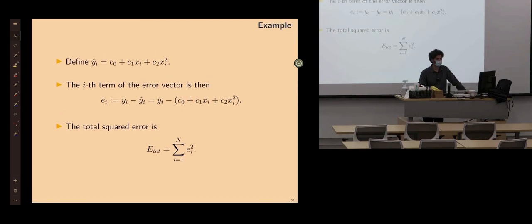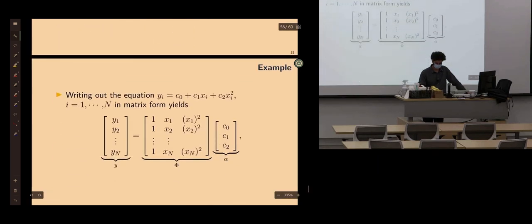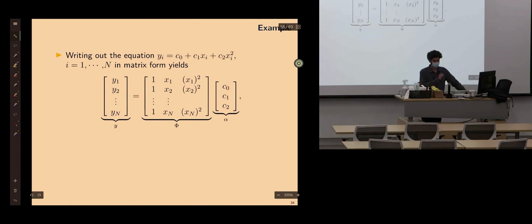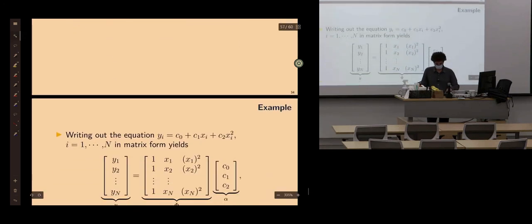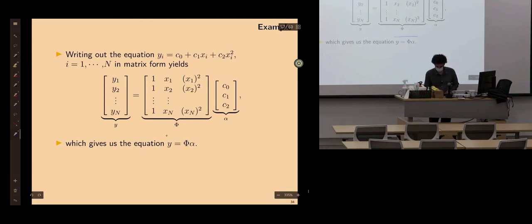And what we want to do now is solve the problem. We formulated the problem successfully, after putting it in matrix form, of course. So we have to write down y, phi, and alpha, right? Notice that now phi has another column, and those are x squared. But again, because you know the values of x, x squared is just going to be a number. That's your data matrix or regressor, right? So we got our linear model, linear in coefficients, y equals phi times alpha.